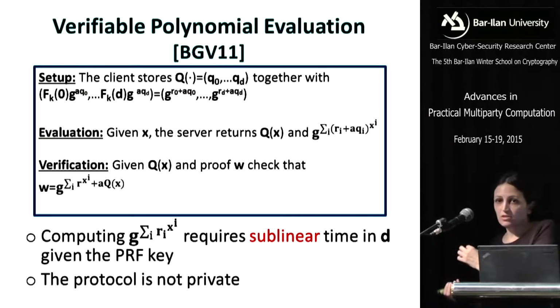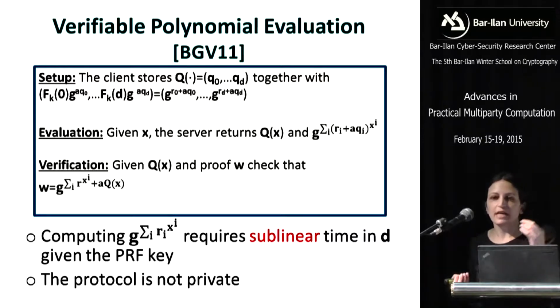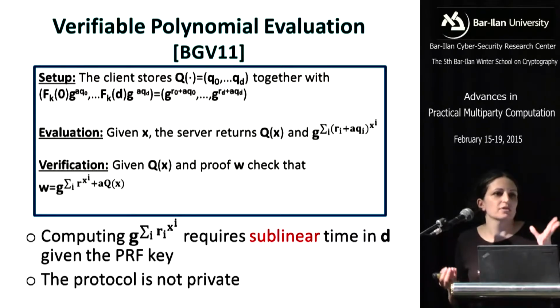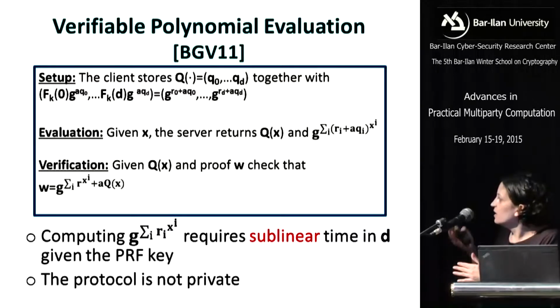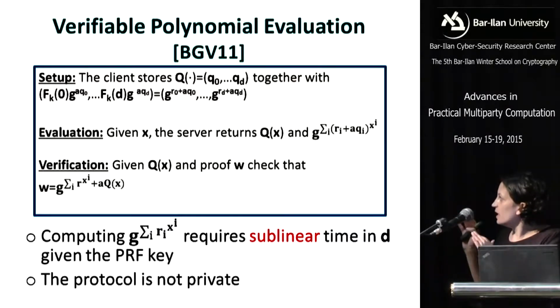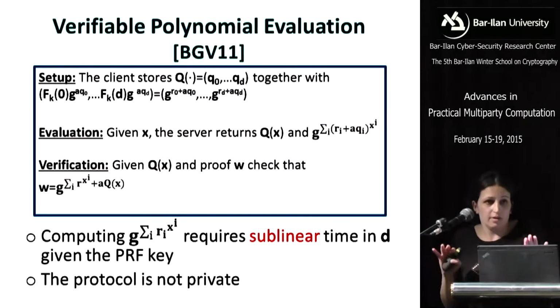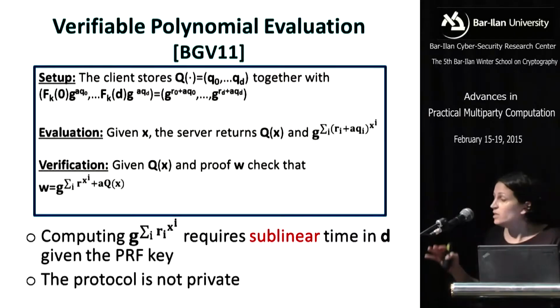This computation only requires sublinear time in the degree of the polynomial, okay? So the client actually doesn't need to work that hard in order to verify q of x, okay? So that's basically how we use algebraic PRFs, the very, very basic construction. They had several more in the BGV paper.